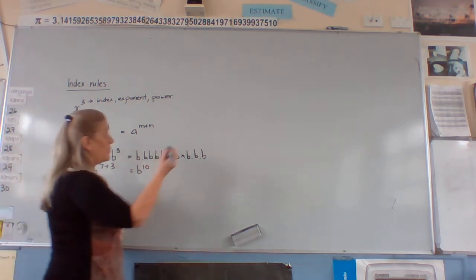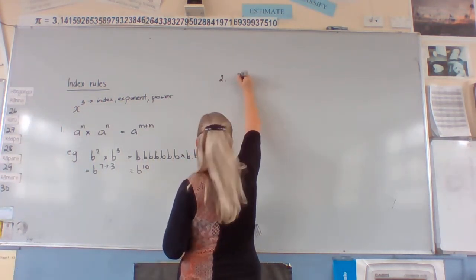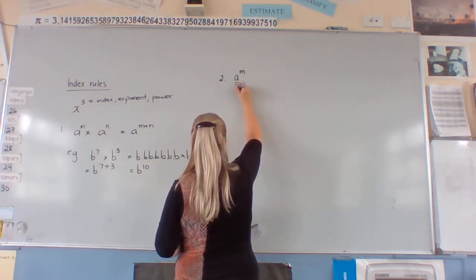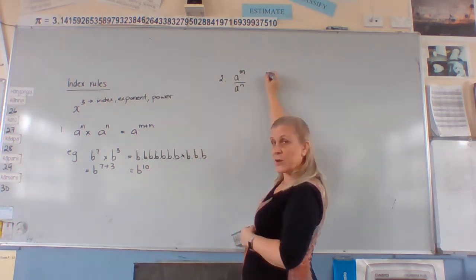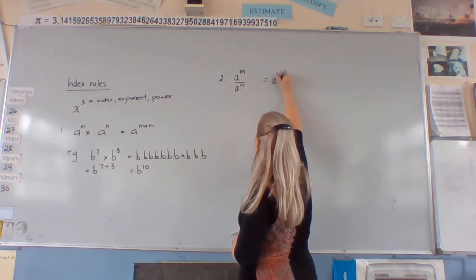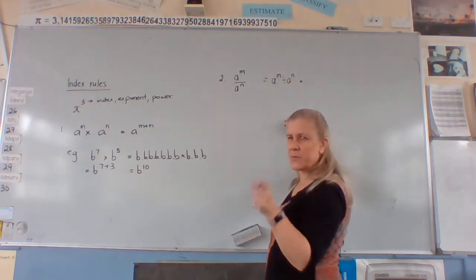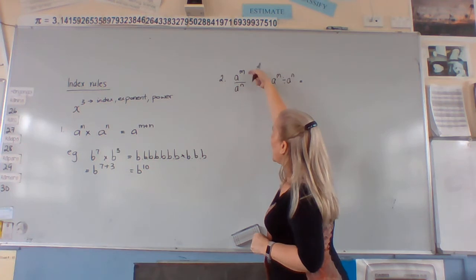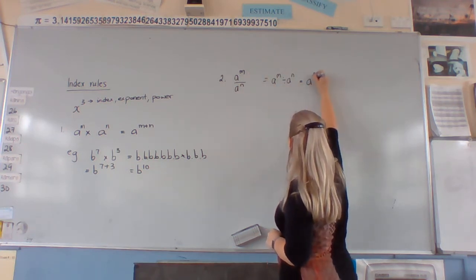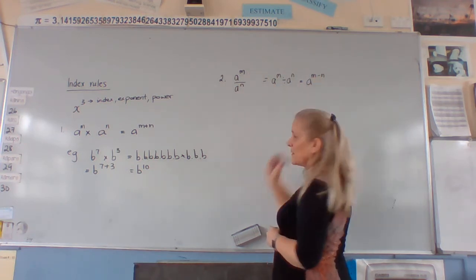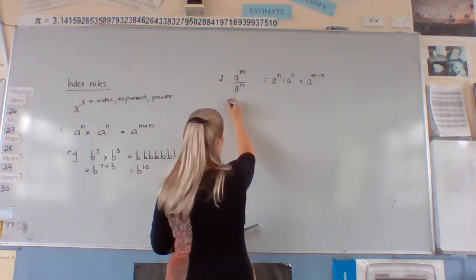Our second rule says that if we have them divided, I'm writing it as a fraction, but it could be written as a to the m divided by a to the n, then we subtract the bottom power from the top power. So a to the m minus n. Why does that happen? Let's have a look.